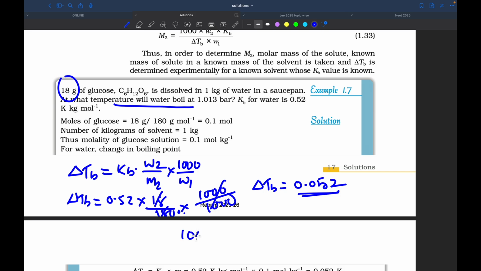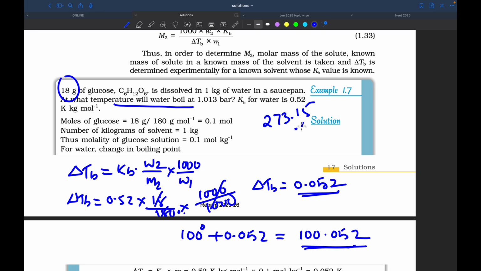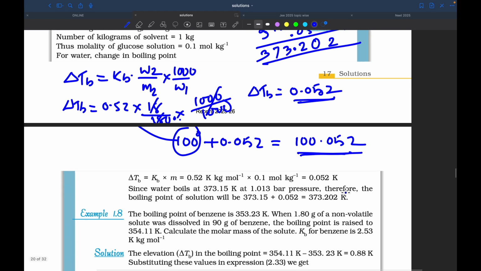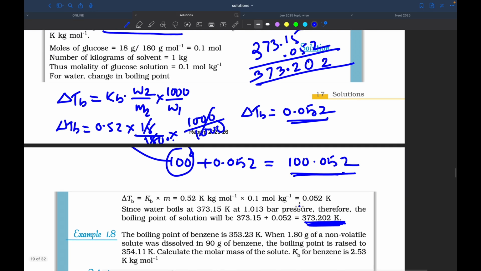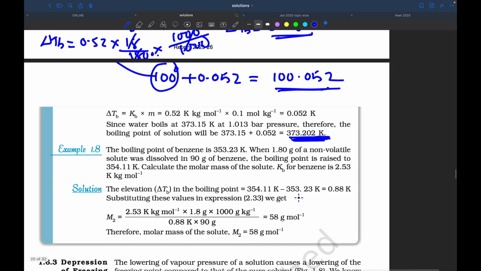Water boils at 100 degrees Celsius generally, and this must be added by this 0.052, which is 100.052. See, it increased very little. If you want to convert into Kelvin, you can convert into Kelvin. For Kelvin we add 273.15, and adding 0.052 to it gives Kelvin. It is 373, since water boils at 100 degrees Celsius, and 100 degrees Celsius is 373. So 373.02 is the answer here also. That was a direct question, a solved question. Next, one more question, we will see the answer later.